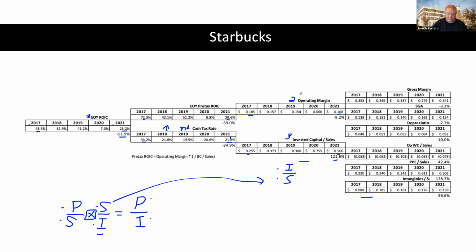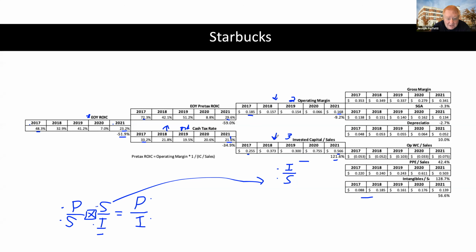Both of these drivers, 2 and 3, negatively impacted ROIC. Okay, so if you really think about this, the operating margin fell by 9% from 18.5 to 16.8, and the productivity worsened by 122% from 25.5 to 56.6.